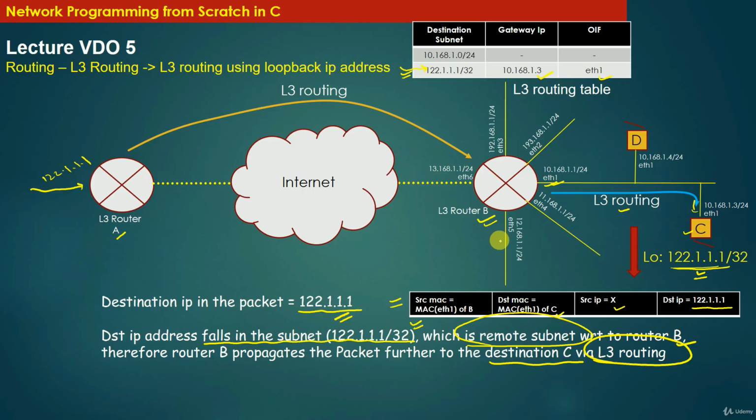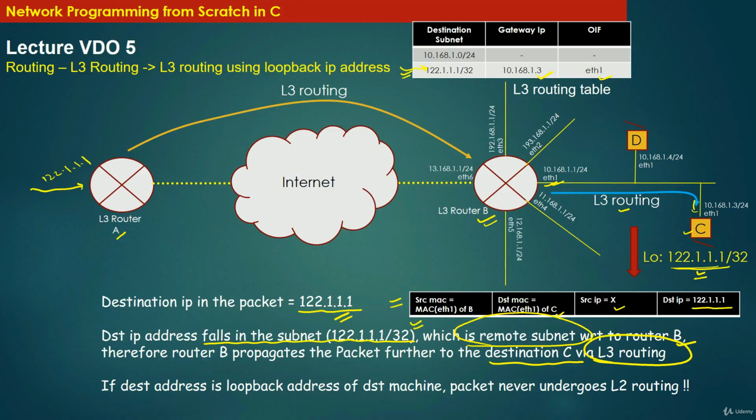So the end result is that if the destination IP address that is specified in the packet is actually the loopback address of the destination machine, the packet never undergoes L2 routing.